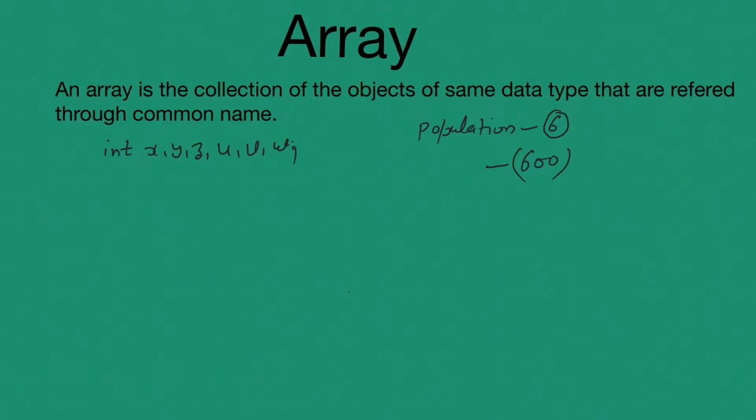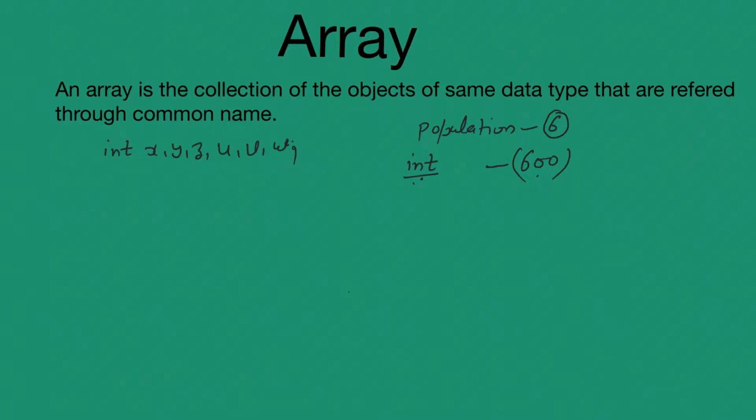So in that case, population will always be of integer data type. Now look at the definition: collection of objects of the same data type. Here the data type will be int, and the 600 places will be objects of the same data type, and we will collect them.